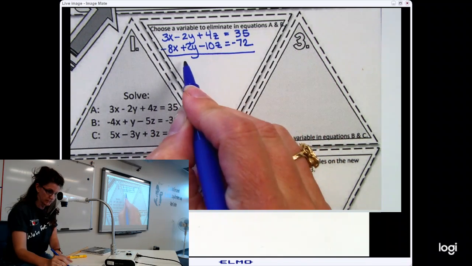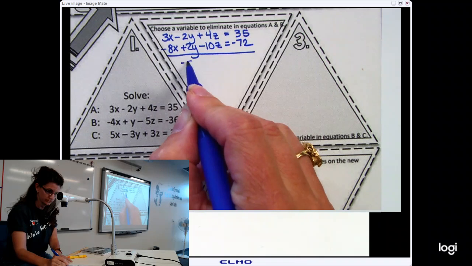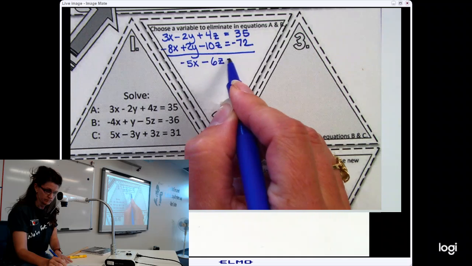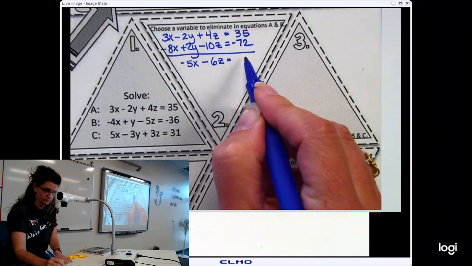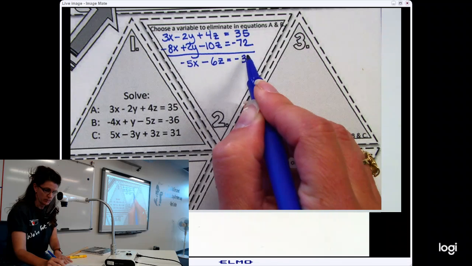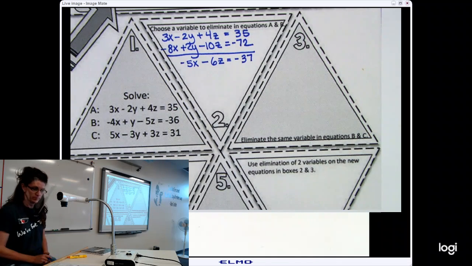let's eliminate. What is that, negative 37? How are we doing so far?